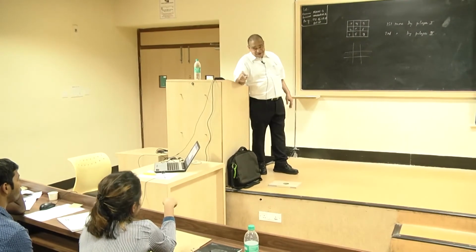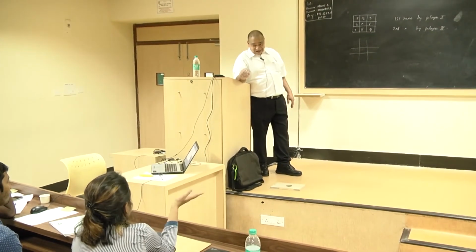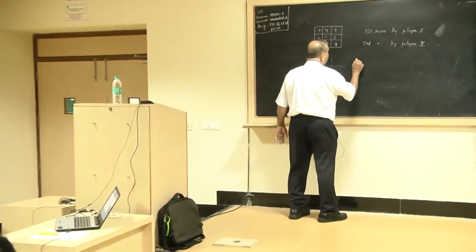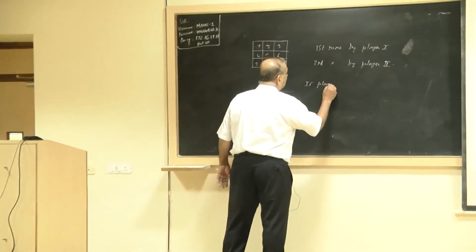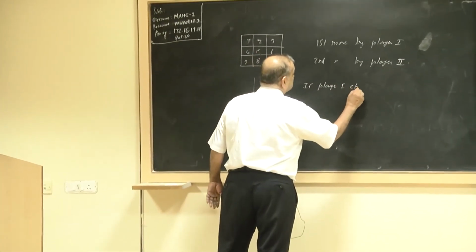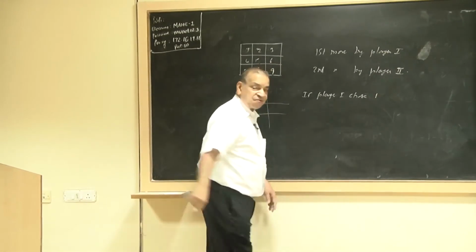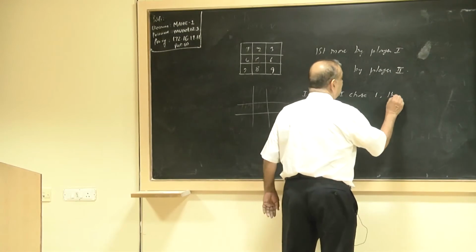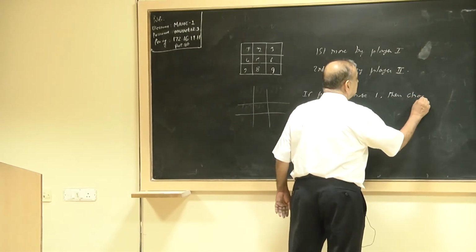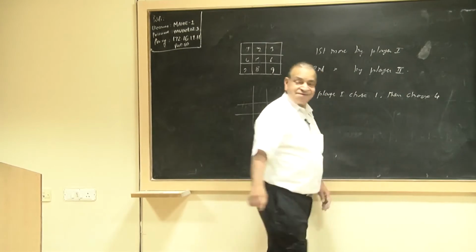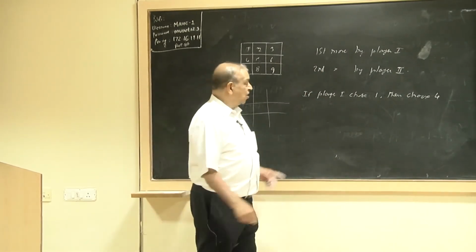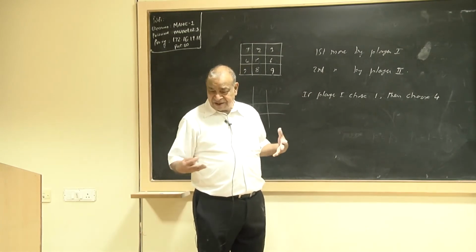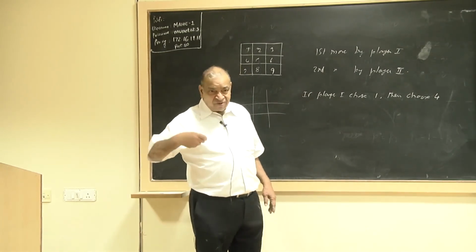So he has to give the clear instruction. If player 1 chose 1, then choose 4, for example. This is an instruction only when player 1 chooses 1. It's an incomplete instruction, so you have to give the instruction for every one of the cases.